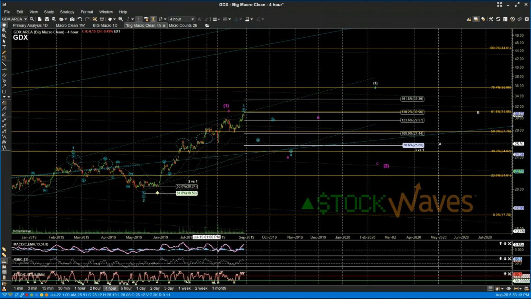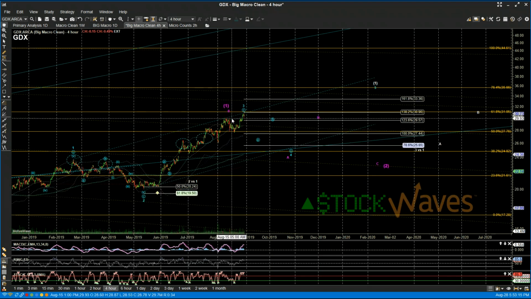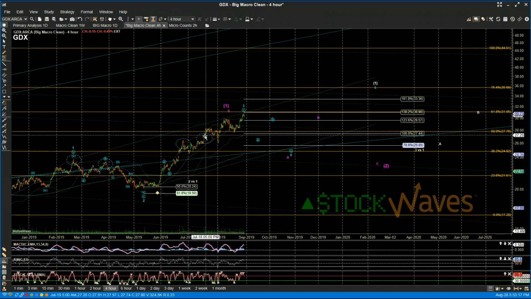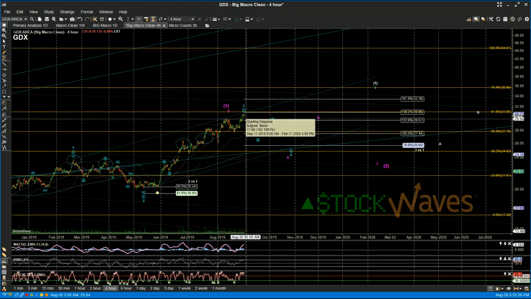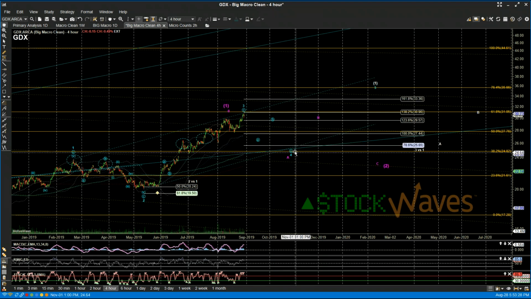So, we trimmed into some of these gains here and have reduced our exposure to miners and increased our cash position so that once we see, even if it's a shallow consolidation at this point, but once we see a clear consolidation into support, then we can add back for the next advance.